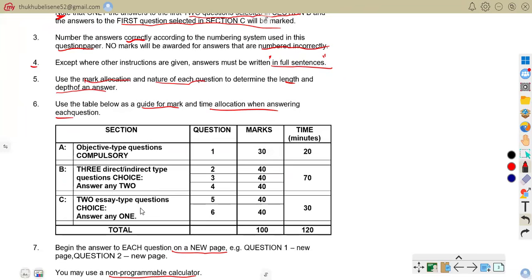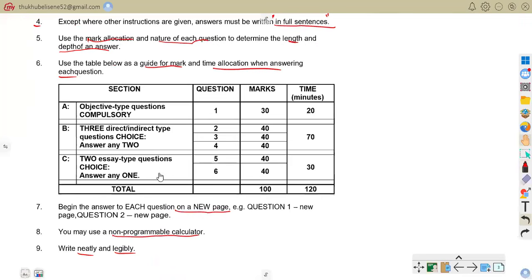As we can see, our table has the section, the question number, the marks, and also the duration in minutes that you have to take on each section.